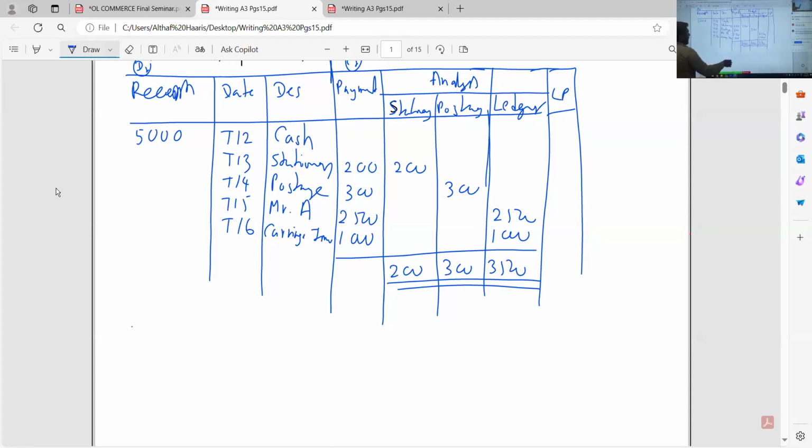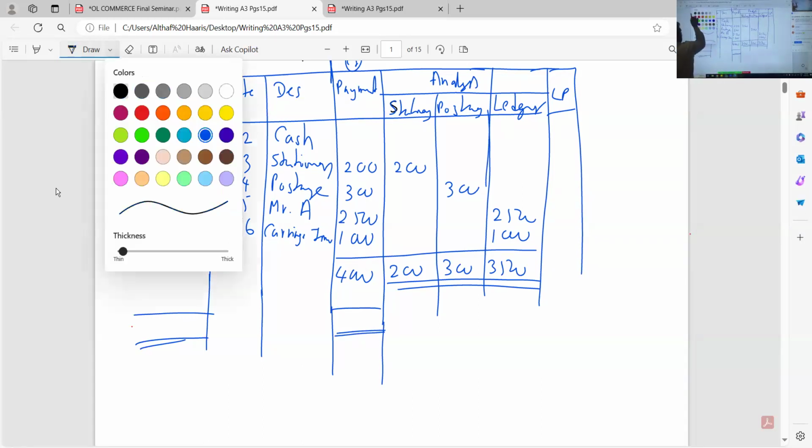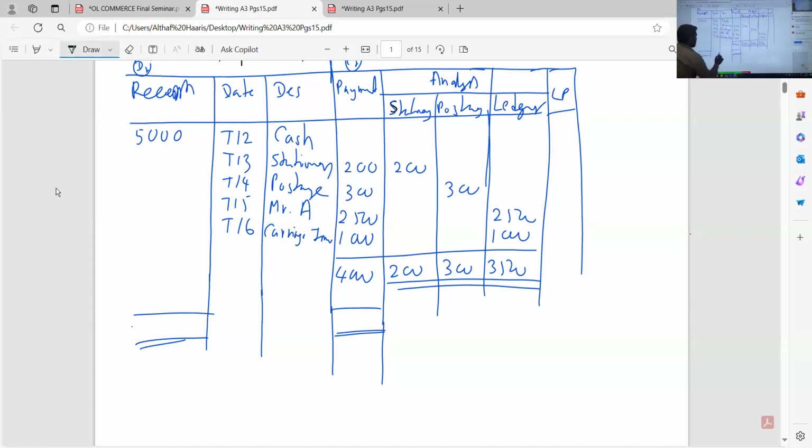So here, how much is the value? 4,000. So people will balance the accounts. Balance it. So balance CD, balance BF, 1,000.